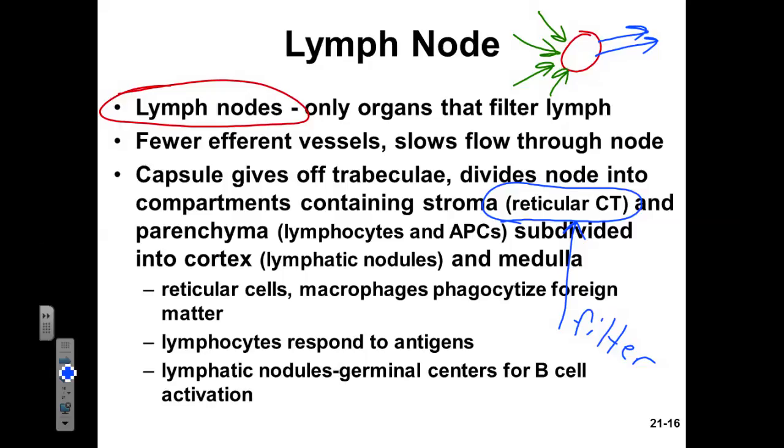They'll dump the yogurt into the cheesecloth, and the liquid, the whey, will filter out, and they'll make their own Greek yogurt that way. In our bodies, we have this very loose connective tissue, this reticular tissue that acts like the filter of our lymph nodes. The reticular tissues are made of reticular cells.